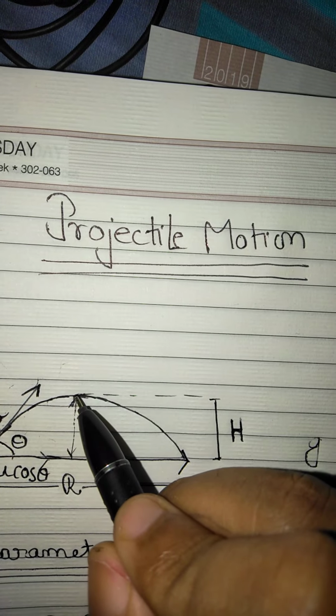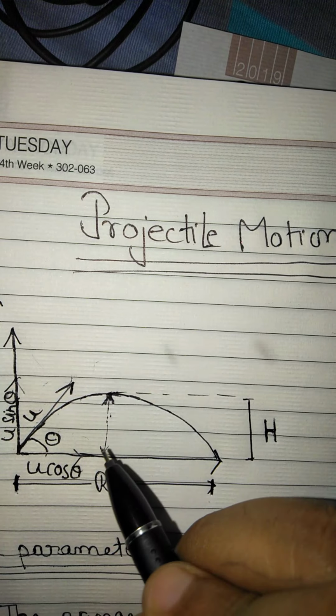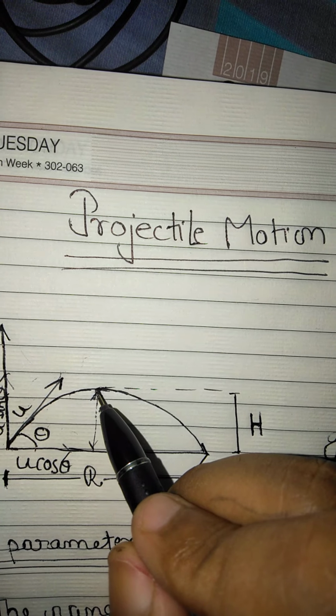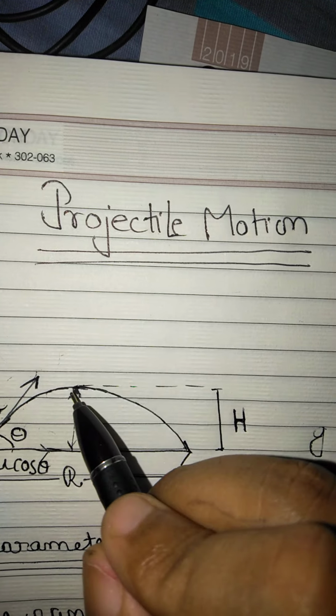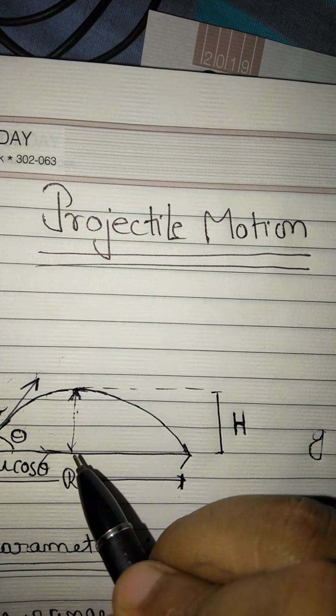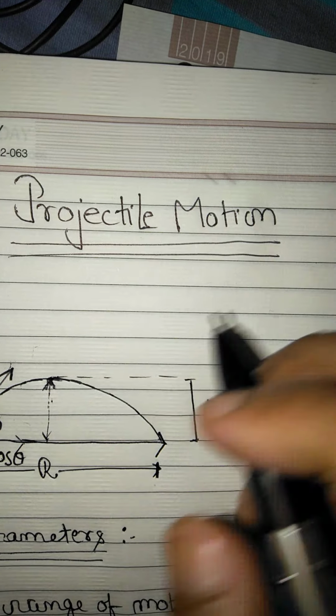Now we know that the time an object takes to reach a certain height is equal to the time it takes to reach its initial position.